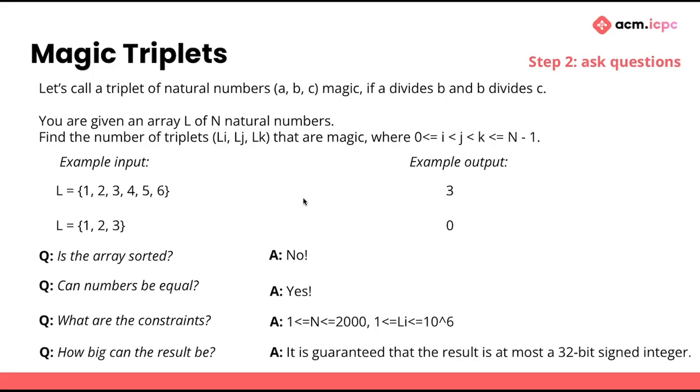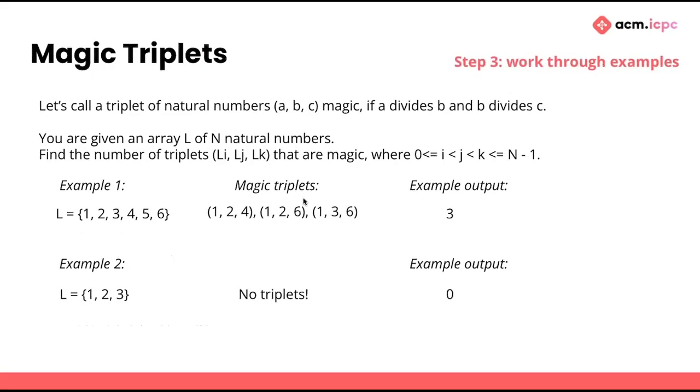So for this problem, it's kind of clear that if we only have n numbers in the list, then there is a limited number of triplets and it falls within the range of ints. However, it's just a good question to keep in mind that sometimes the constraints for the result can be unexpected. Okay, so moving on to the next step.